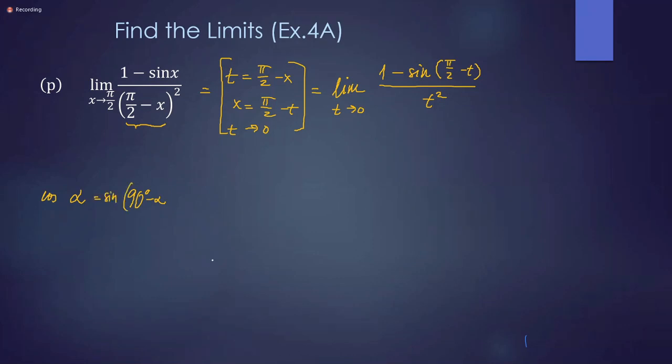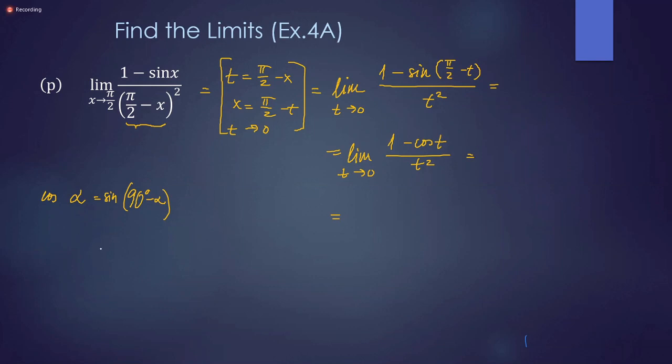Now, we already know what this means. In this case, I will use the formula because it's simple to use. The angle t is just simple. It doesn't have any constants anymore. So I write this is 2 sine square of t half.